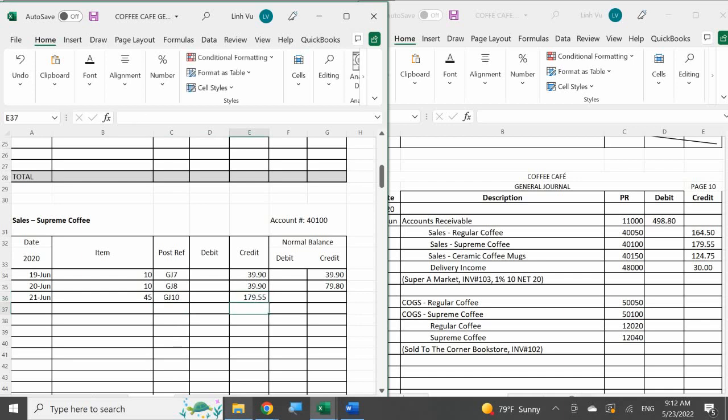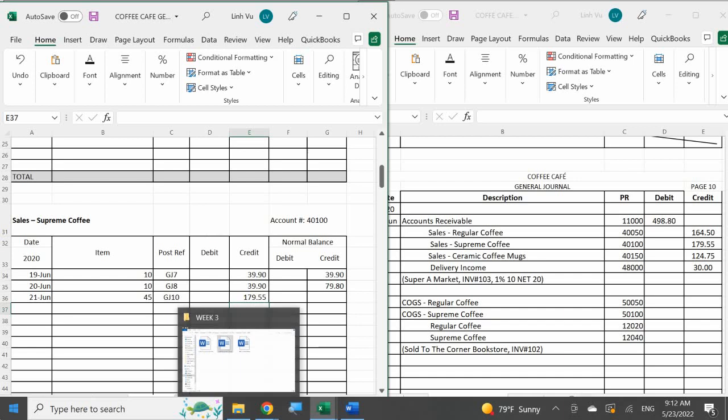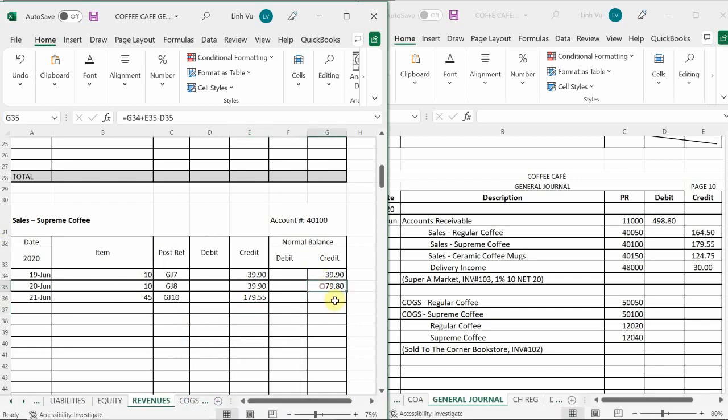Okay, so what's my account balance now? Now we need to add the 179.50 with 79.80. 259.3. You forgot the 5 cents.